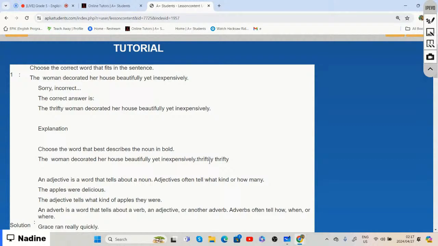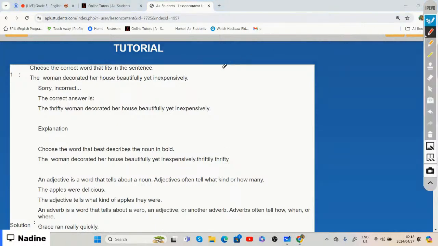And we can say it is beautifully. So, how does she decorate the house? She decorates it beautifully yet inexpensively. So, we will say beautifully yet inexpensively.